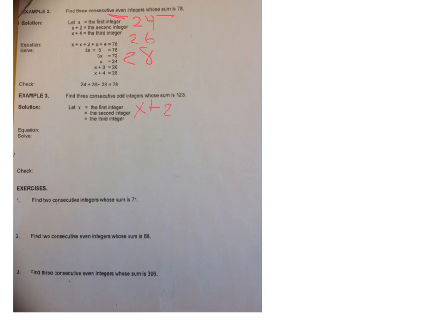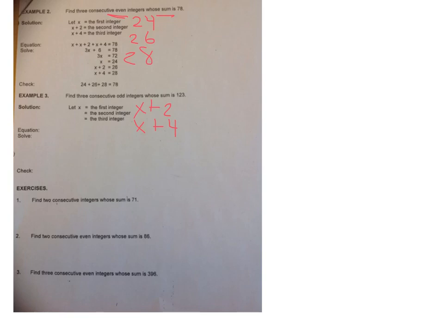And the third integer would be x plus 4. You can just put in numbers to help you with those let statements. 1, 3, 5. 1 plus 2 gets you to the 3, and 1 plus 4 gets you to the 5. It doesn't matter if they're even integers or odd integers, you're still going to be adding 2 and 4 for those consecutive problems.